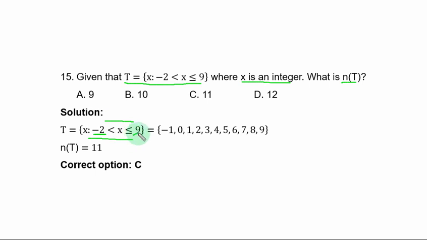So you start listing from -1, 0, 1 till 9. If you count all the elements in this set, they are 11. C is the correct option.